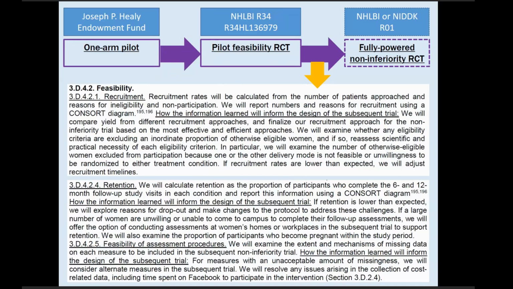So it's just a matter of thinking through what do we have that would make us competitive for an R34, R21, or R01, and what do we need? Most people, unless you're just starting out, probably already have some preliminary studies, but there will be gaps. And that's the point of the seed grant: to fill in whatever those gaps are.